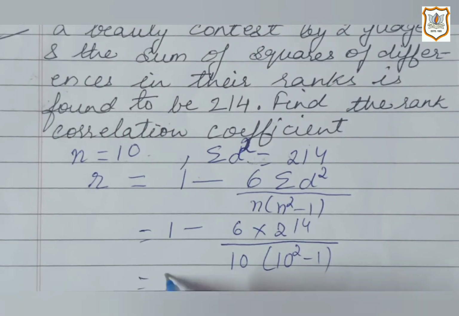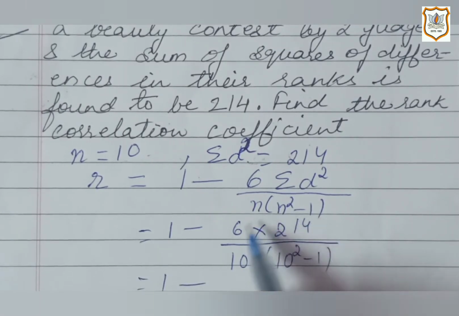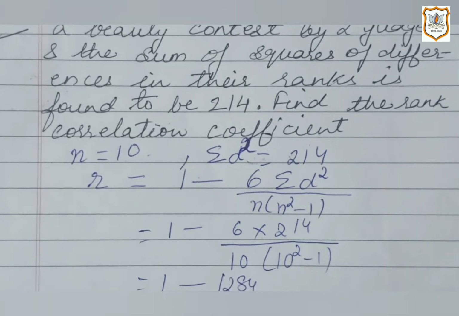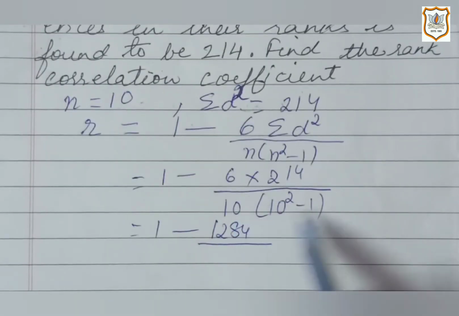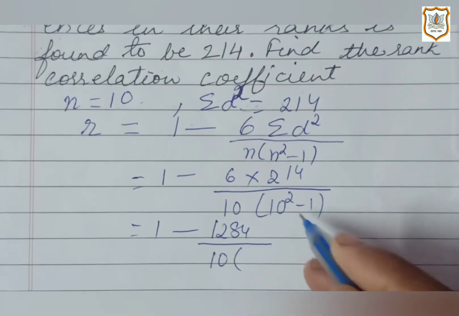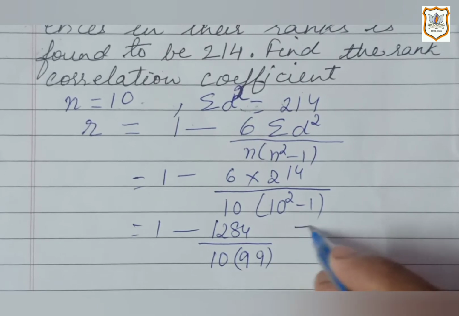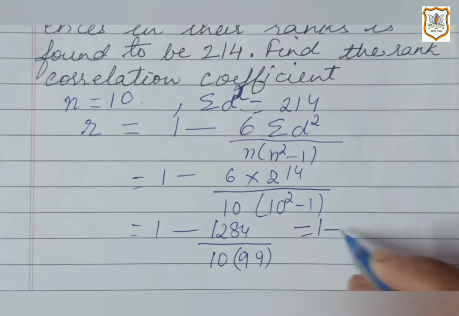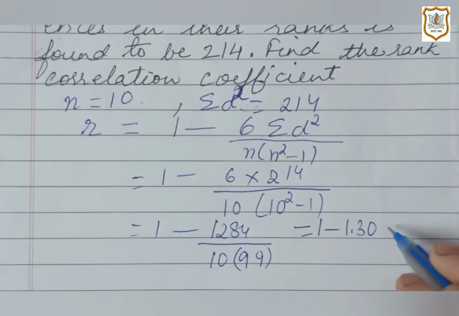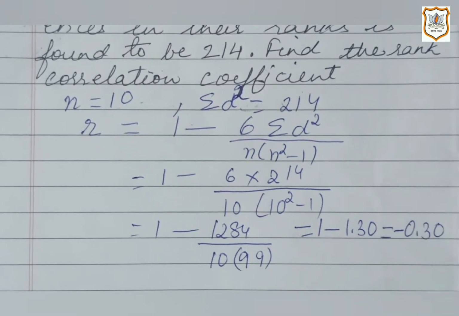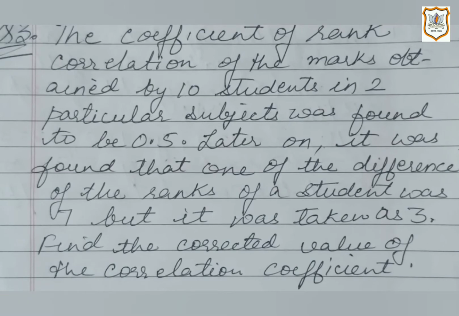So this will be 1 minus, when you solve this, it will be 1284 divided by this value. When you do, this will be 10. 10 square is 100. 100 minus 1 is 99. So when you solve this, you will have 1 − 1.30 and your answer will be −0.30.